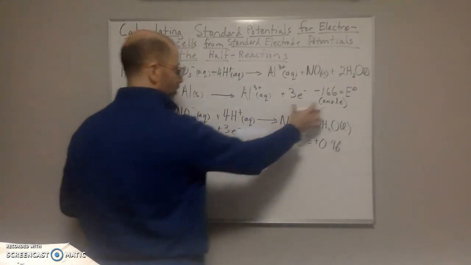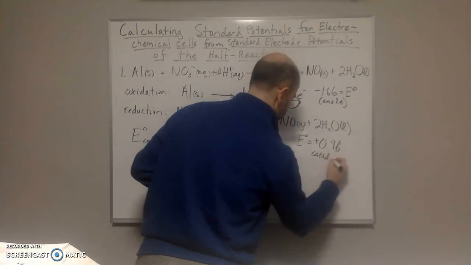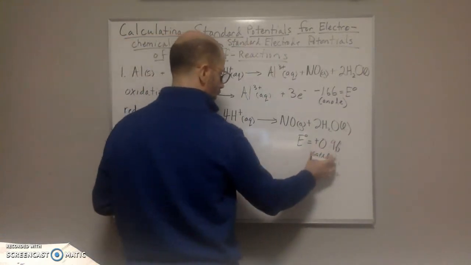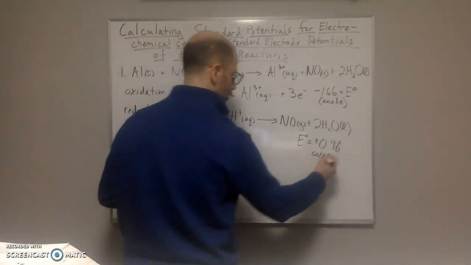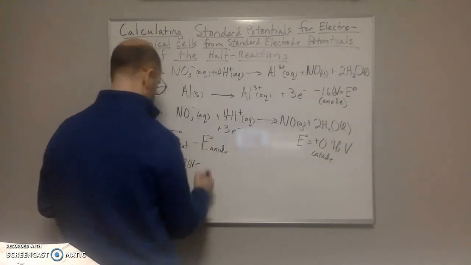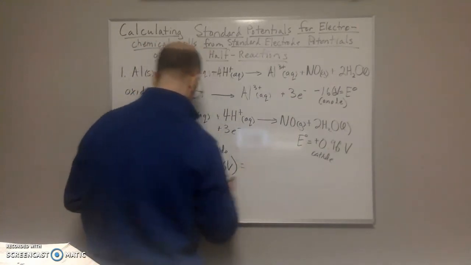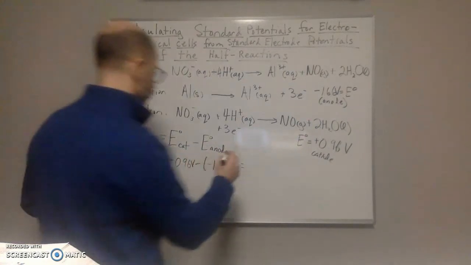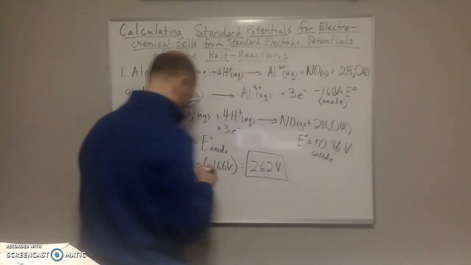So we have the cathode, that's going to be equal to 0.96 minus, and this is volts, minus negative 1.66 volts, and that gives us a total of 2.62 volts, a positive number.